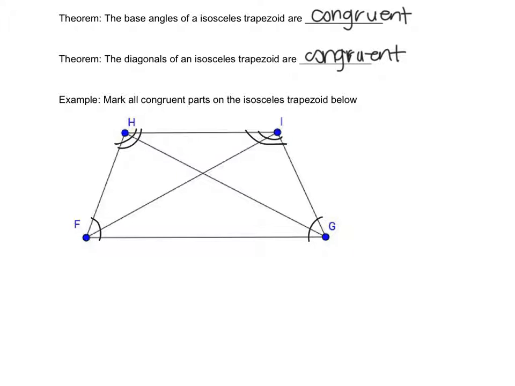Now, when the diagonals intersect, it splits the diagonals into congruent parts. So that means the two shorter pieces are congruent to each other and the two longer pieces are congruent to each other. And again, it's important that we are talking about isosceles trapezoids here. This is not for any trapezoid. This is specifically for isosceles trapezoids.